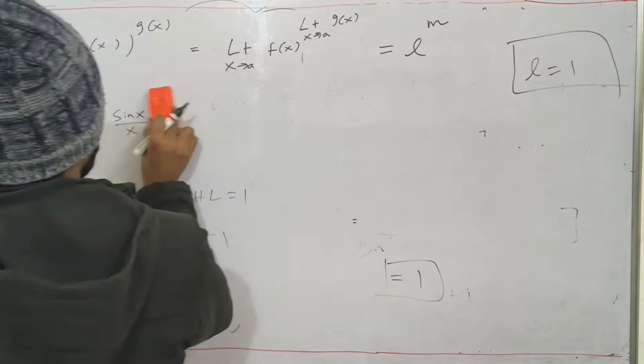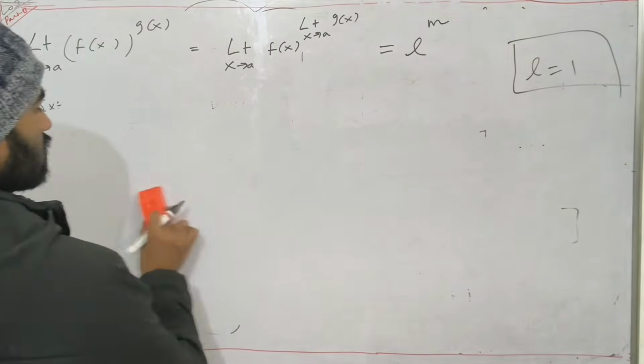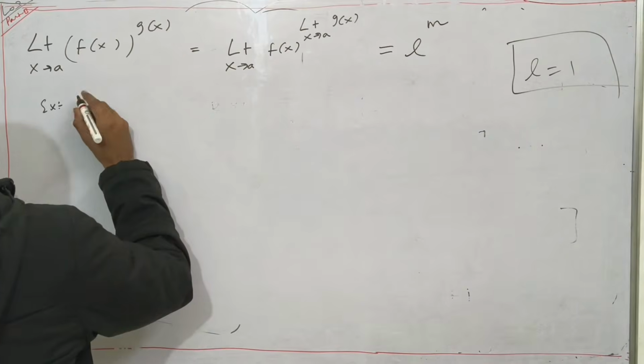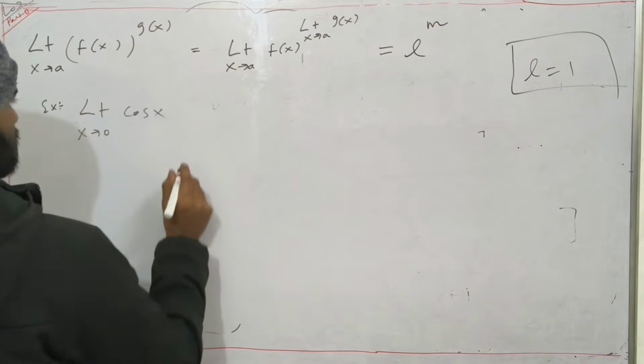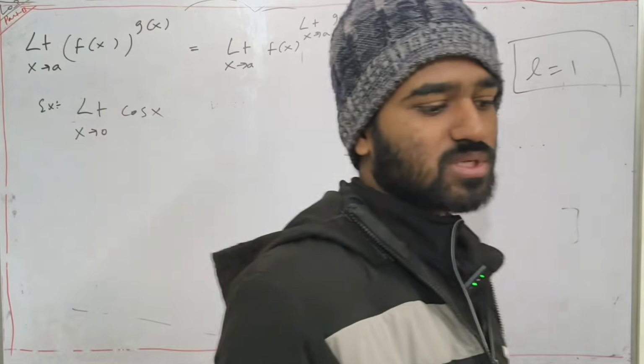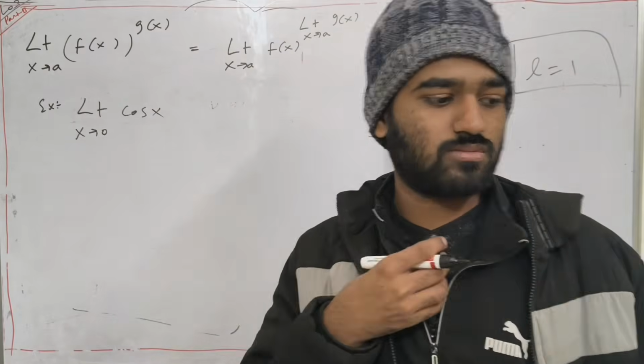Similarly, we can find limit x tends to 0 of cos x. Okay, समझ में आ रहा है?